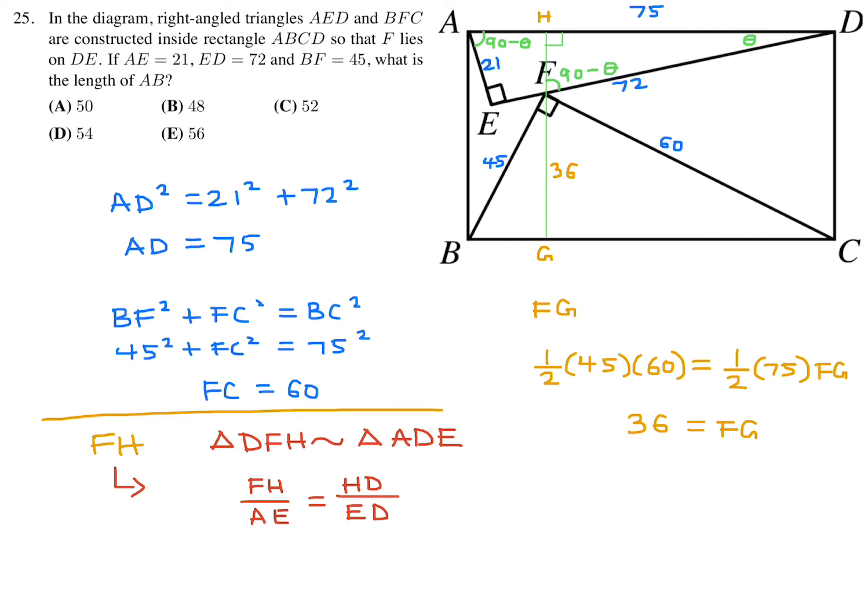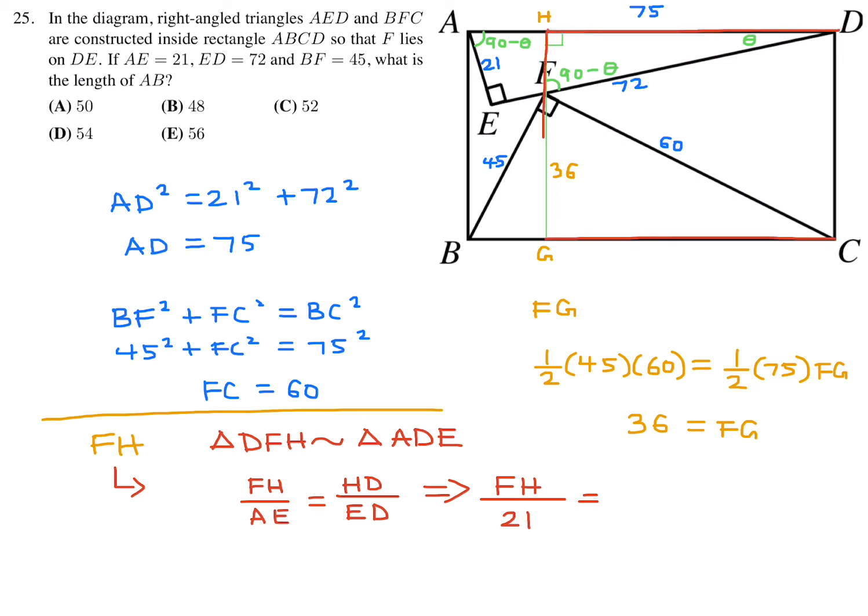There you go. And I think this should do it. Let's see here. FH, well, that's obviously what we're trying to figure out. AE, do we know the length of that? Yes, we do. It's 21. And then HD, from here to here, do we know the length of that? Actually, we don't. But it's okay. I can figure it out. HD would actually be the same as GC, correct?